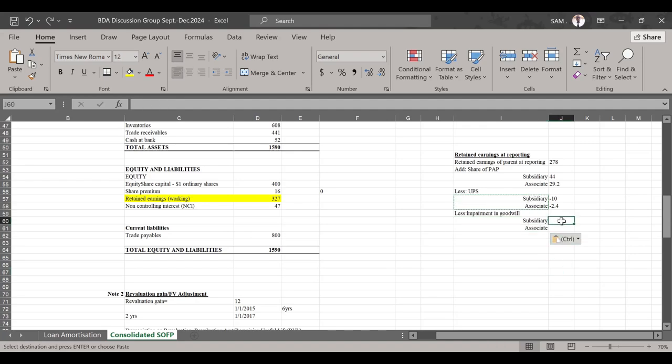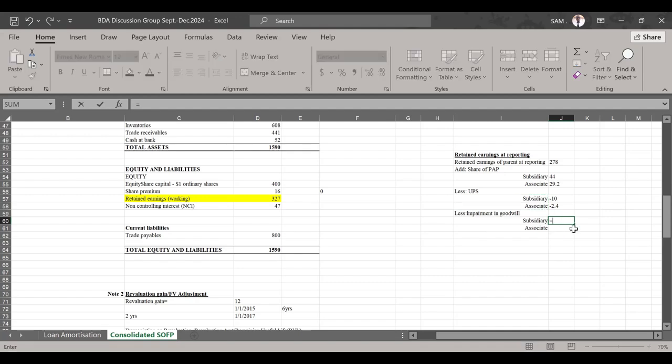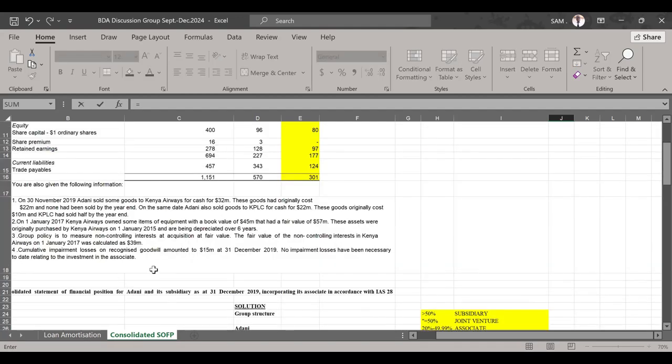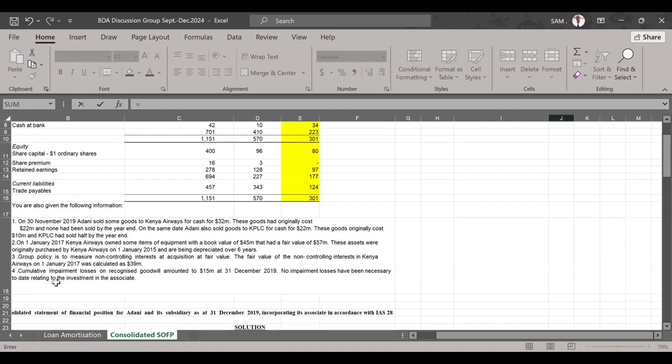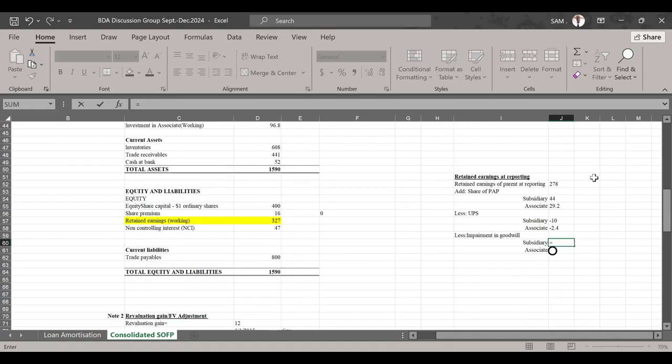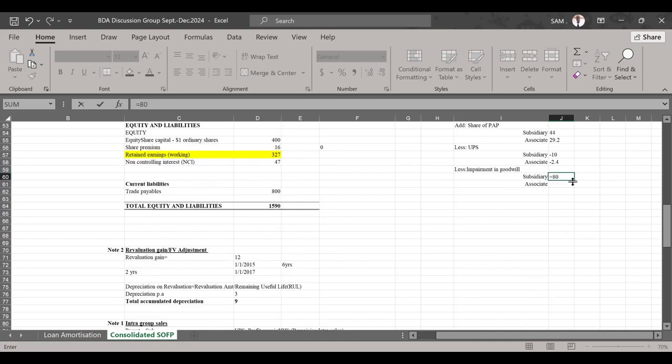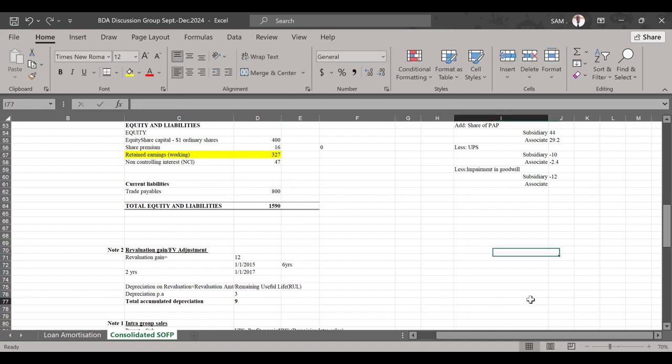So what was the impaired goodwill for the subsidiary? Impairment we were given in note number 5, sorry. The goodwill was impaired by 15 million, but as the parent, we only own 80% of that subsidiary. So just get 80% of 15 million, but we are going to subtract. So let me just introduce negative to make it negative there, like that.